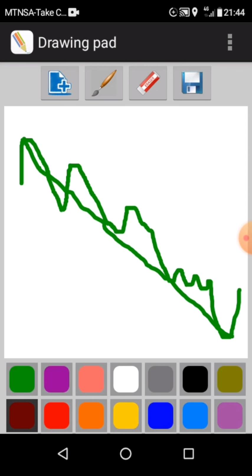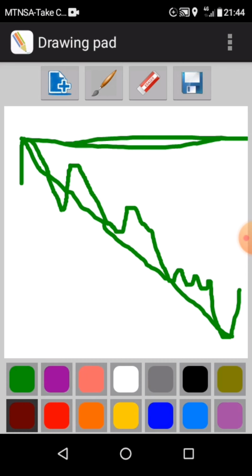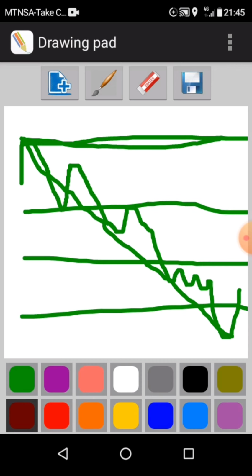So as you do that, there will be retracement levels. Okay, so this will be your zero level, for example, and then this will be another level. It comes with levels, so this will be your 100 level.